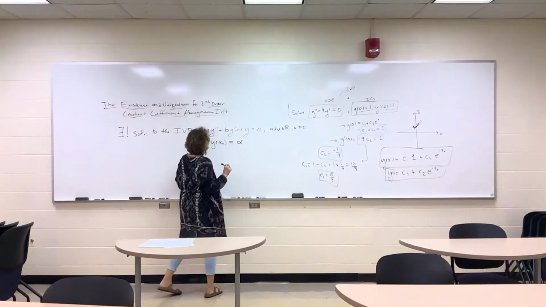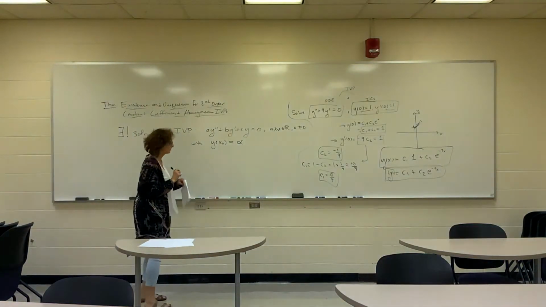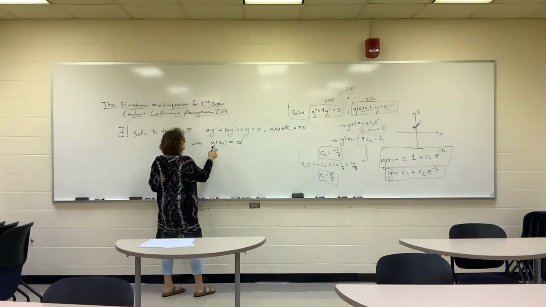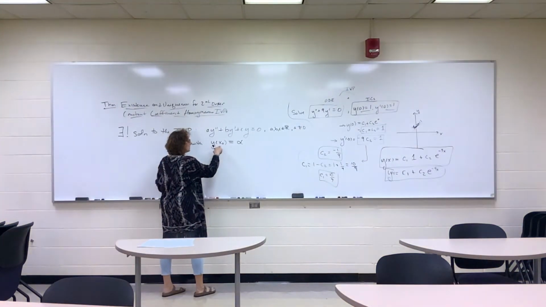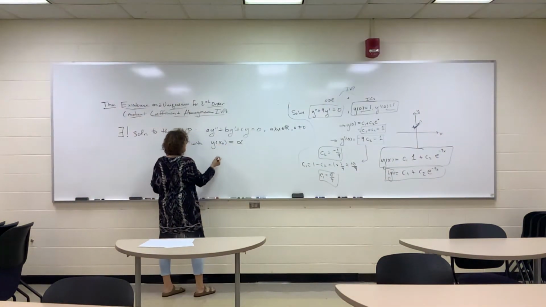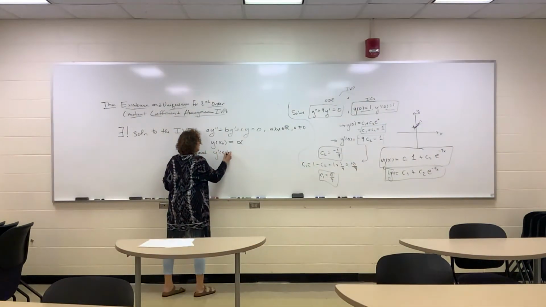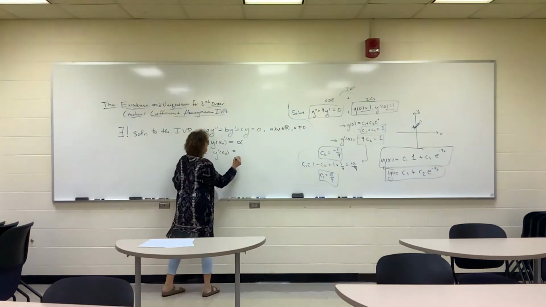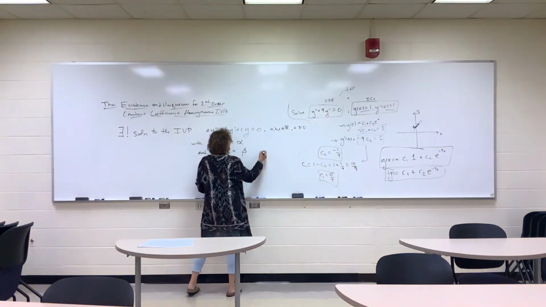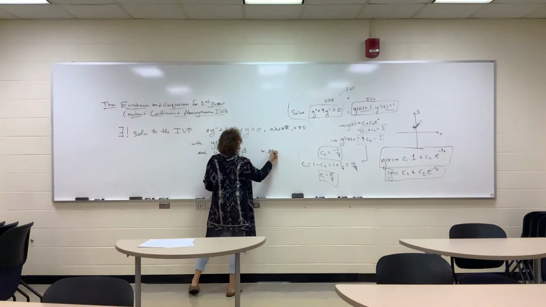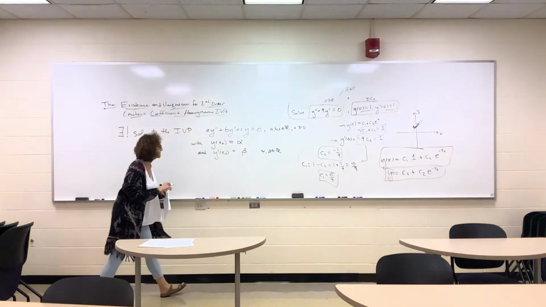So I'm just going to use alpha, just a little Greek letter alpha. So the initial condition for Y at X naught is alpha, and Y prime at X naught is beta. Very nice. Okay, good. Alpha and beta are real numbers.